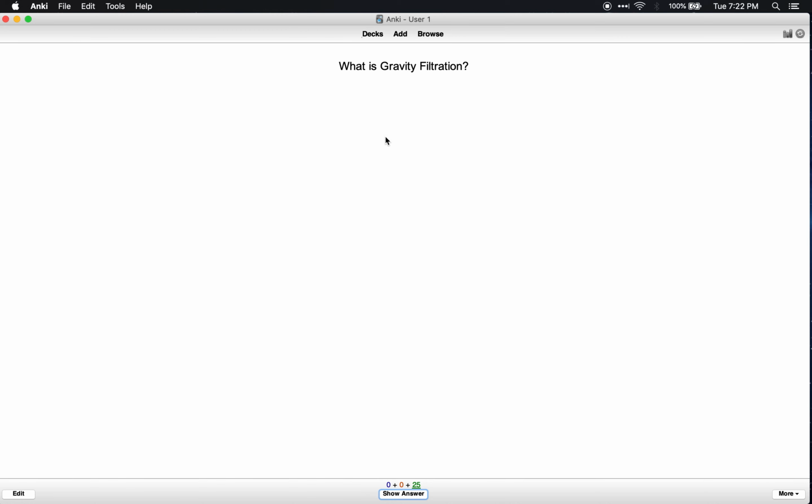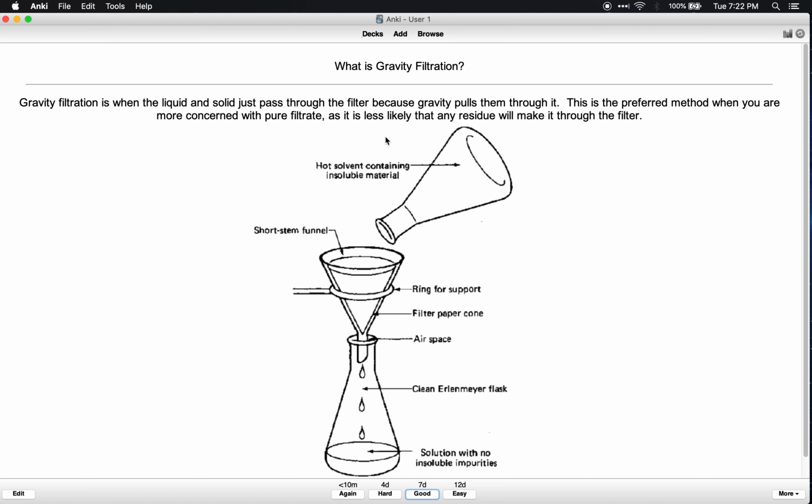Gravity filtration is pouring your liquid over a small funnel with a cotton ball and using gravity to filter out the filtrate. This is good if you want pure filtrate and you don't really care about the residue.